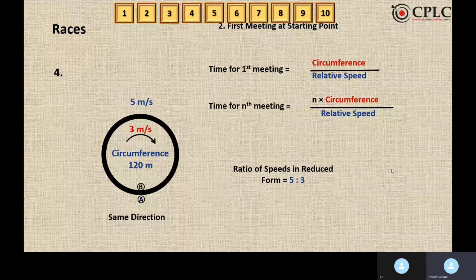For that, we will take the difference of the ratio. So 5 minus 3 is 2. That means they are going to meet at 2 points on the circumference, and every second meeting will be at the starting point. As we know, every last meeting happens at the starting point. So in this case, every second meeting will happen at the starting point.